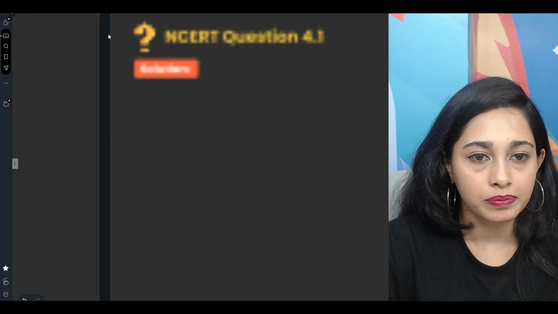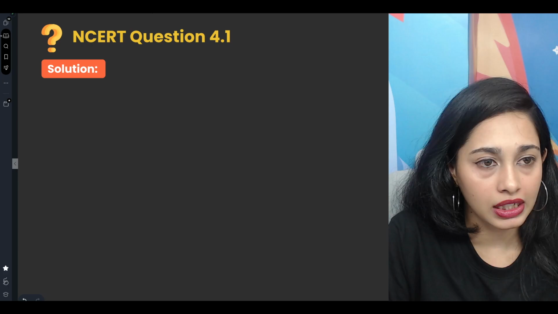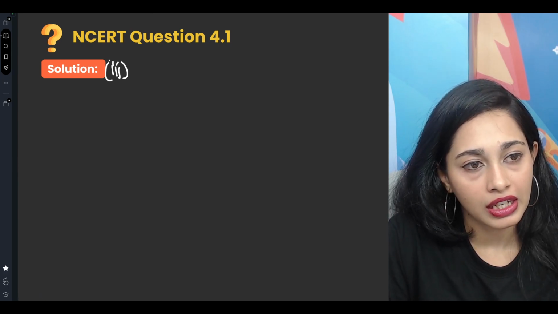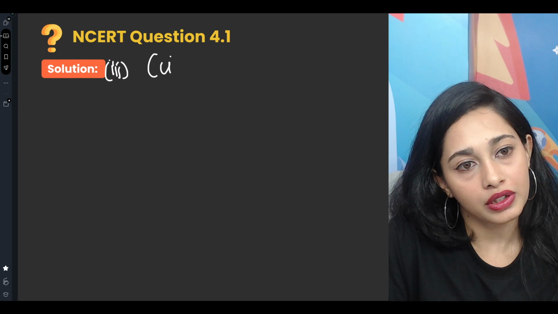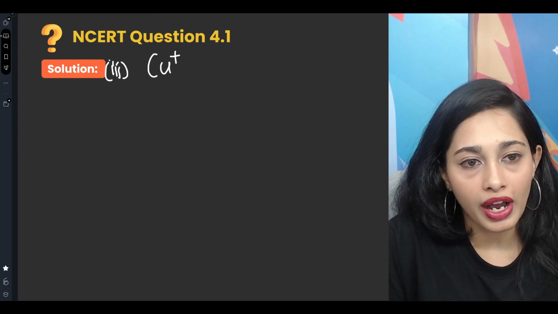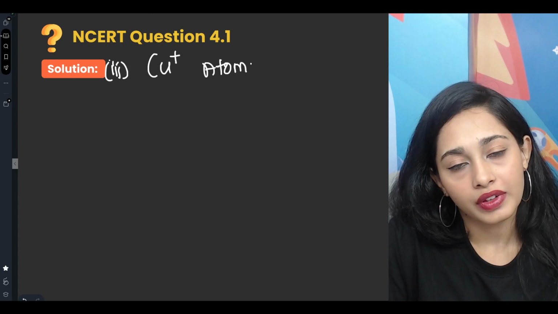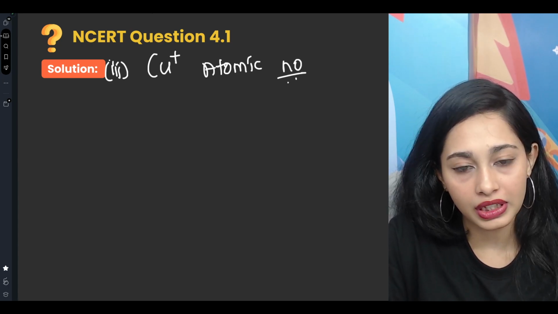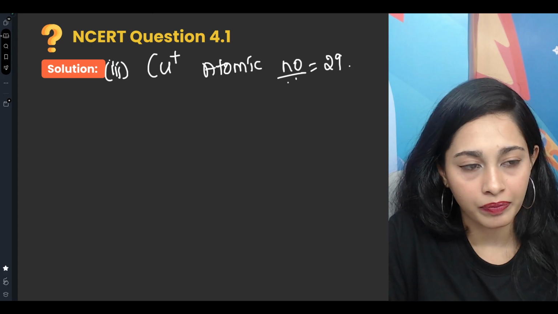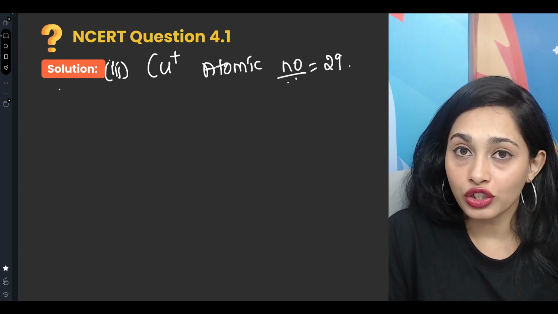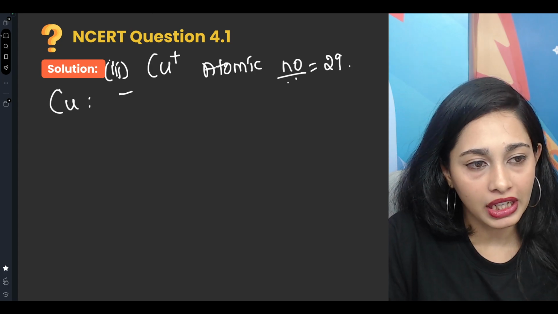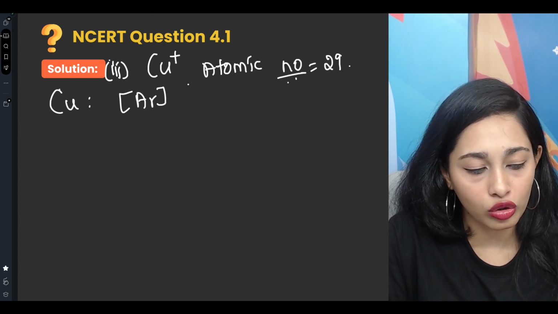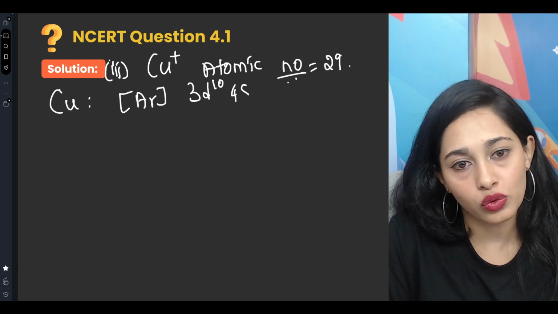Alright, the third one is the copper plus ion. The atomic number of copper is 29. So the electronic configuration of copper will be argon configuration followed by 3d10 4s1.